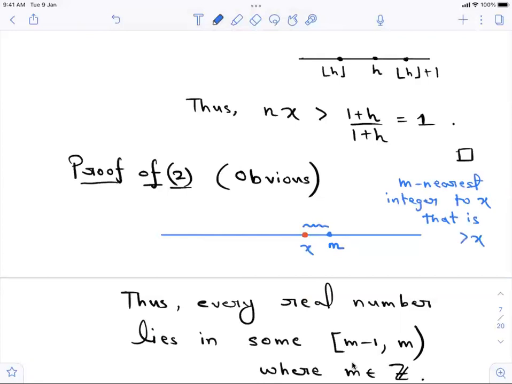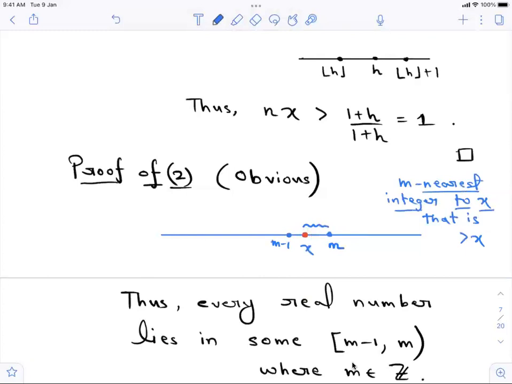And then obviously m minus 1 is going to be on the left hand side of x. It's possible that this m minus 1 coincides with x, but definitely this m minus 1 is not going to be on the right hand side of x. Why is that? Because m is the nearest integer to the right of x.